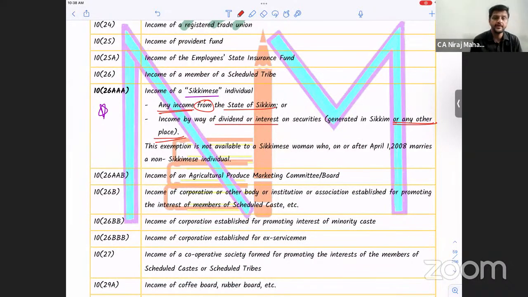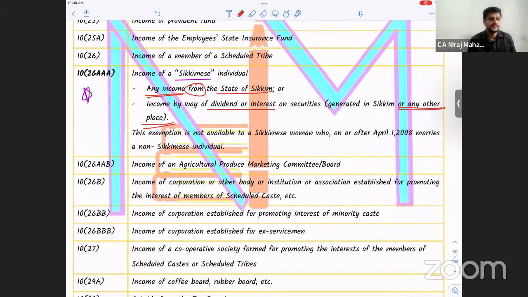Now they are paying me dividend from the USA, let us say. It will accrue there. So similarly, for a Sikkimese person, he is getting dividend or interest on securities. These companies are not in Sikkim, but still any income which he accrues in Sikkim or from Sikkim is definitely exempt.